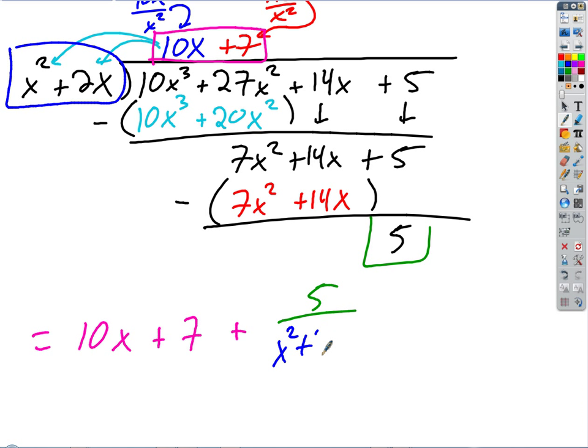And that is my answer. It's not that bad, right? It's very repetitive. Once you get the hang of it, you just do it over and over again until you get down to a point where you can't continue the process any longer. X squared won't divide into 5, so that must be the remainder.